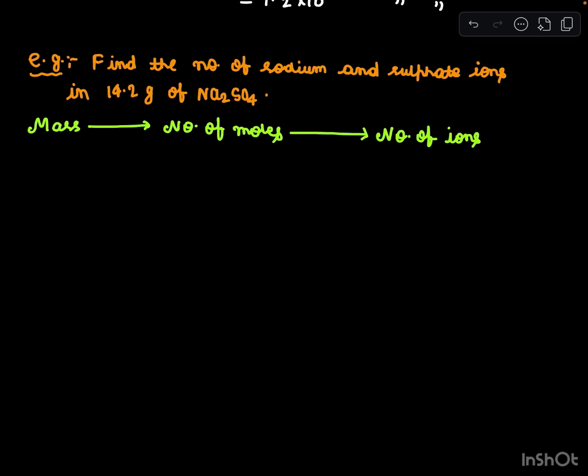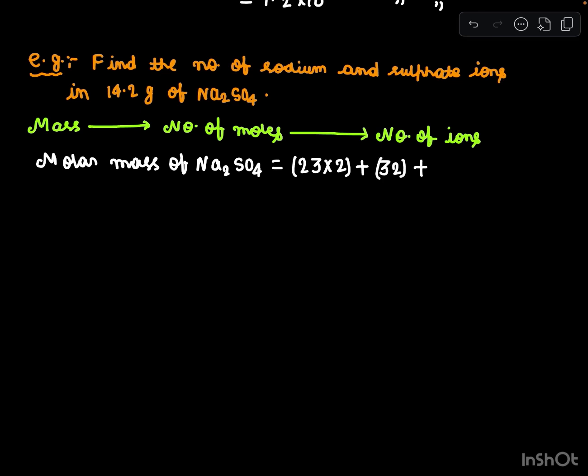Here the mass is given. At first, calculate the molar mass. Molar mass of Na2SO4 is equal to sodium 23 into 2, plus sulfur 32, plus oxygen 16 multiplied by 4.